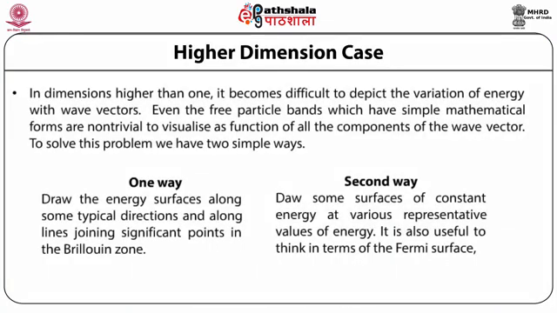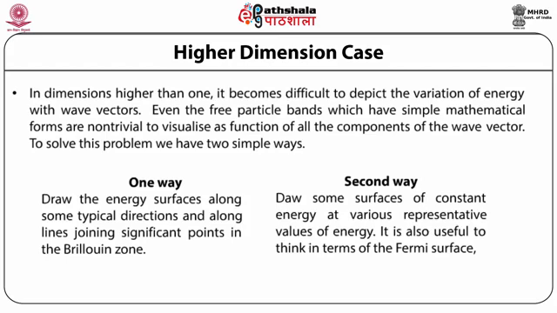Before discussing the significance, we first establish them in higher dimensions. Energy levels in higher dimensions. In dimensions higher than 1, it becomes difficult to depict the variation of energy with wave vectors. Even the free particle bands, which have simple mathematical forms, are non-trivial to visualize as a function of the wave vector q, simply because there are many components of the wave vectors.